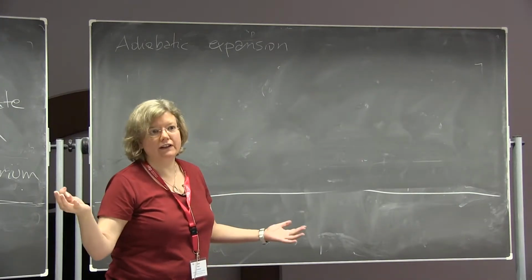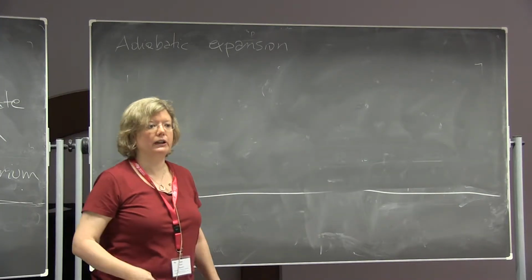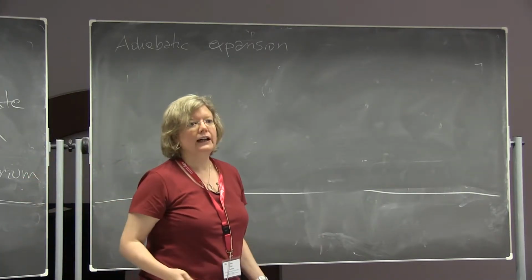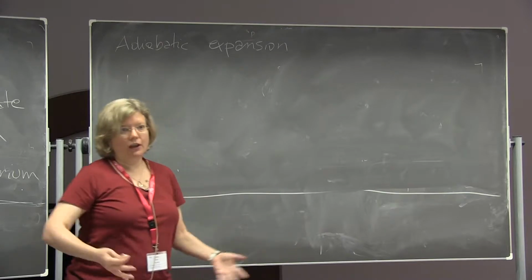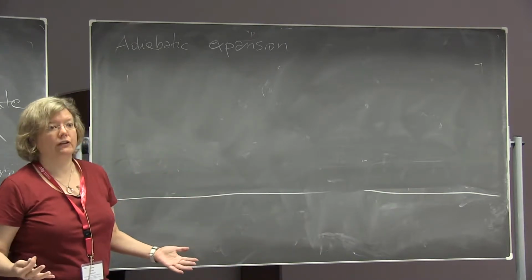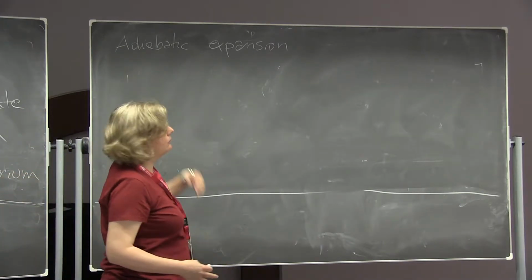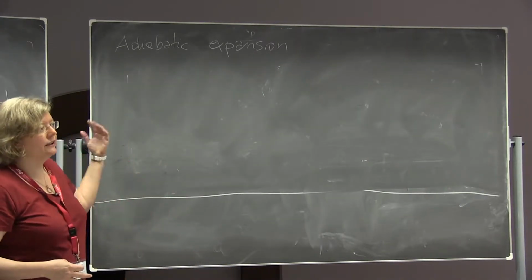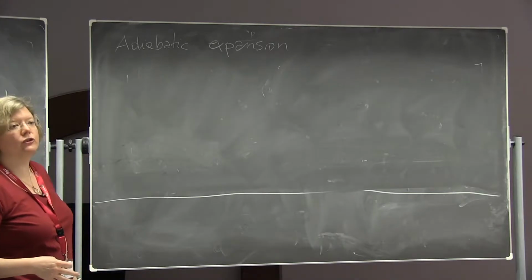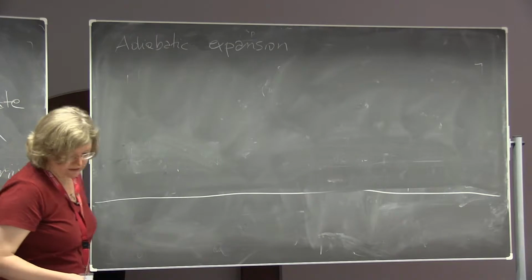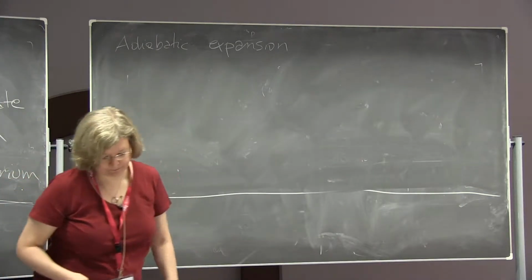For example, reheating was one of these cases where we started with a state with practically zero entropy, and we produced a lot of entropy from the decay of the inflaton. In that case, it was violating entropy conservation, the adiabatic expansion, and you cannot apply the relations that I am using now.